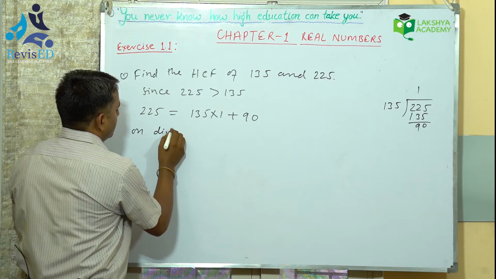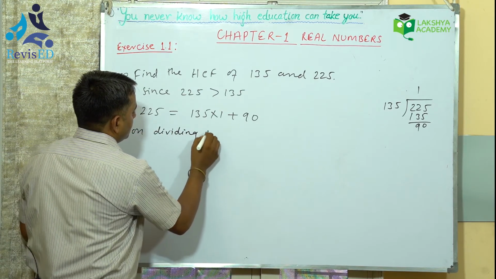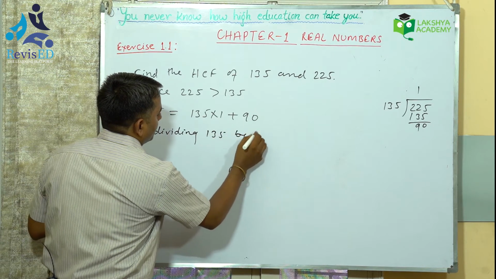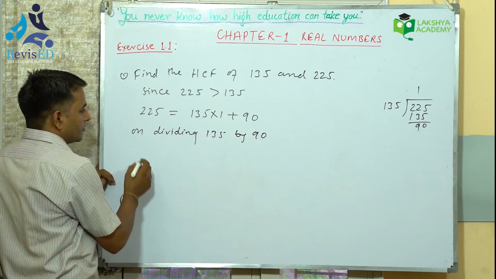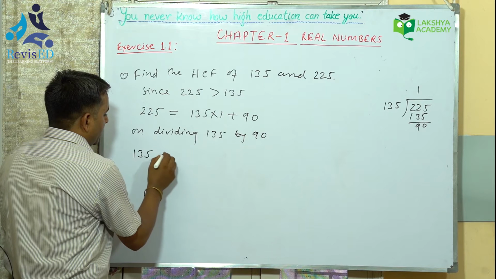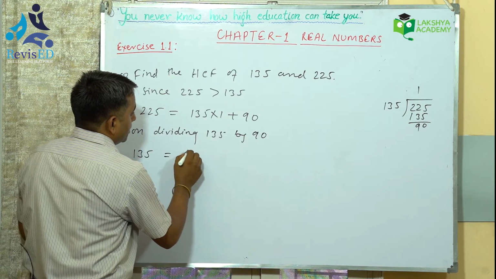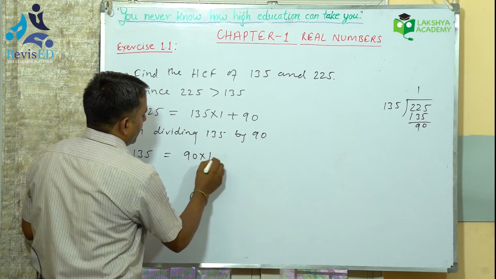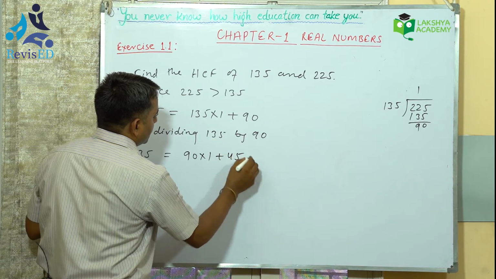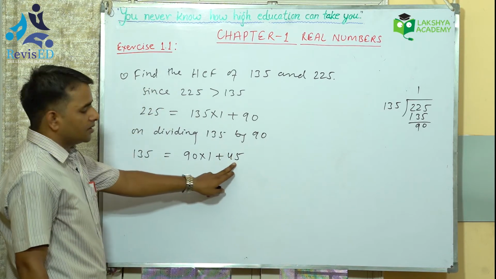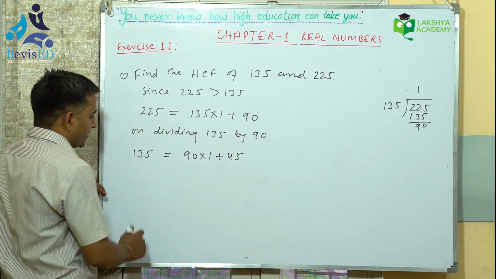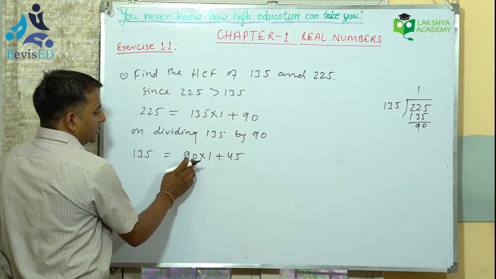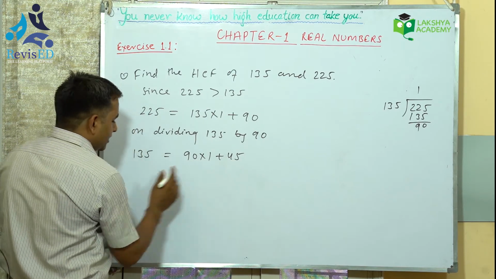On dividing 135 by 90, this is 135 equals 90 into 1 plus 45. Again the remainder is not 0, it is 45. So again we will divide the divisor by the remainder.